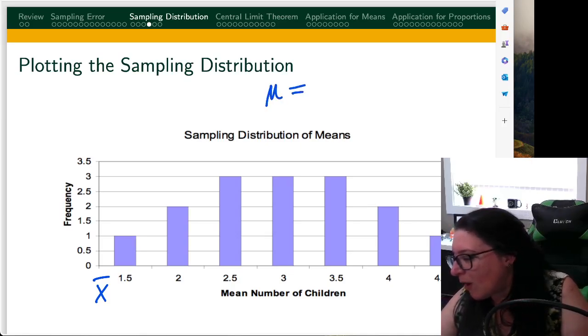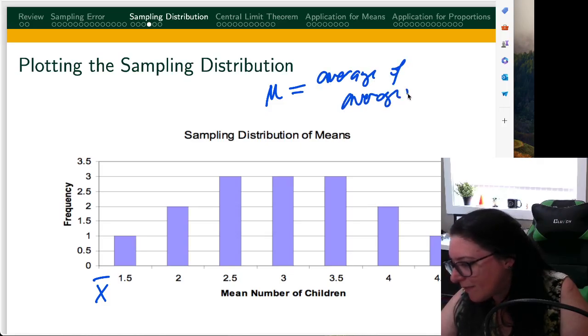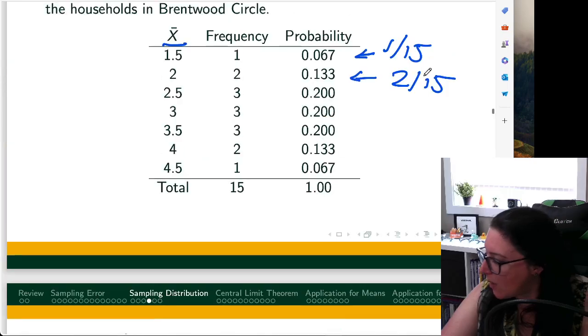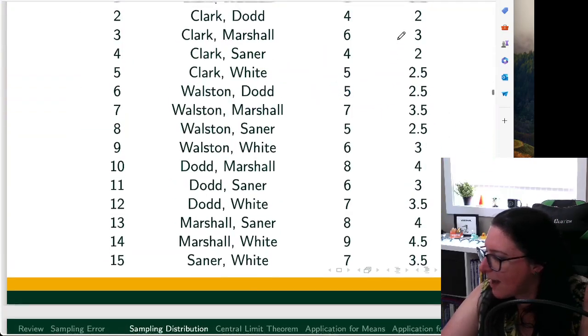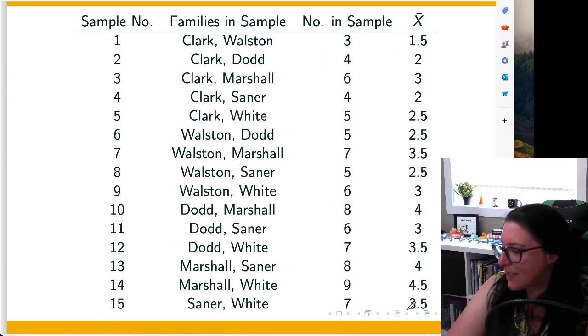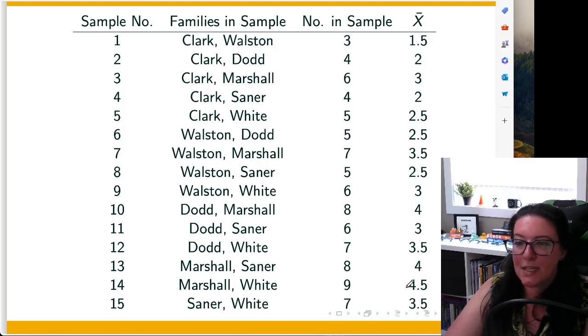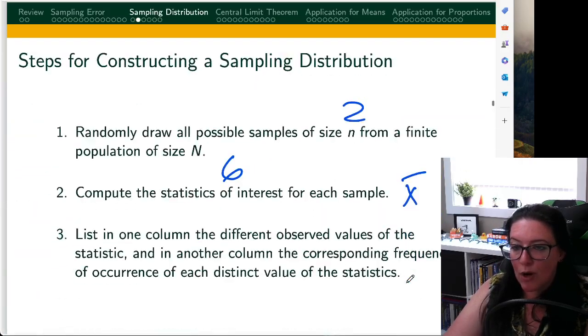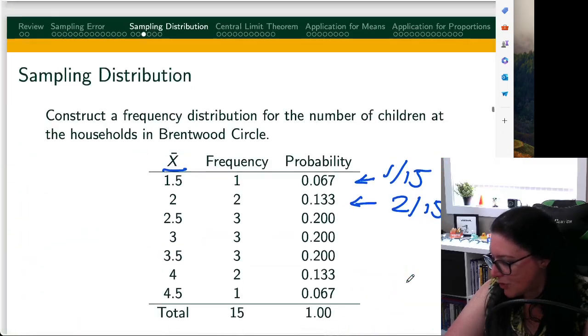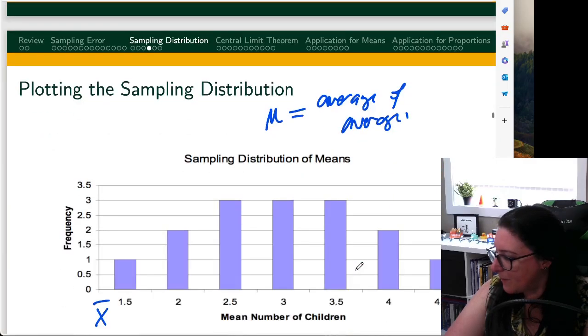So mu, our estimate for mu, is going to be the average of the averages. So if we take all of this list here, all of these averages, if we add all these together, divide by 15 to get the average of the averages, that's going to be our estimate for the population average. Okay.